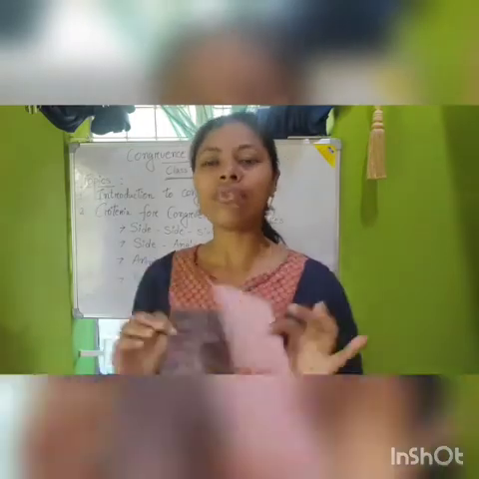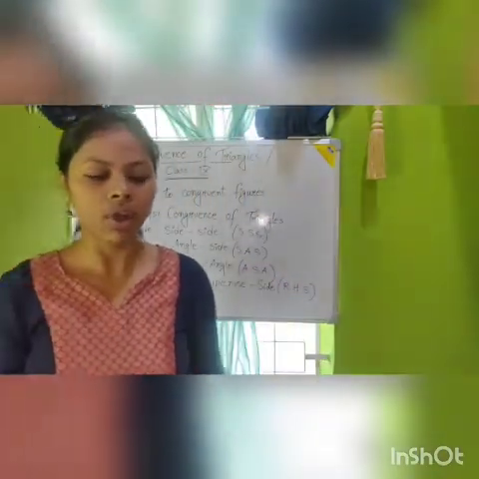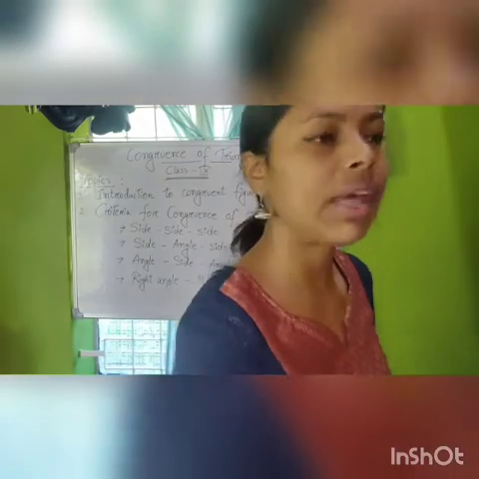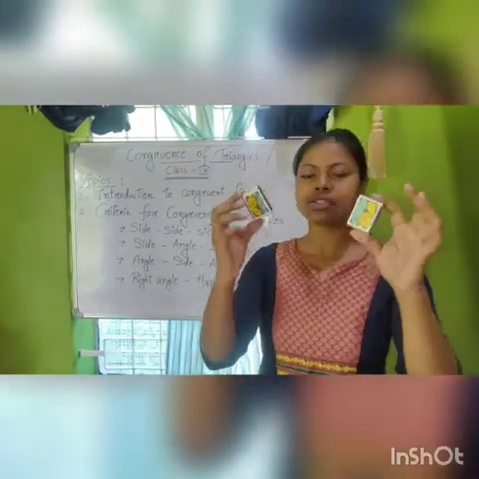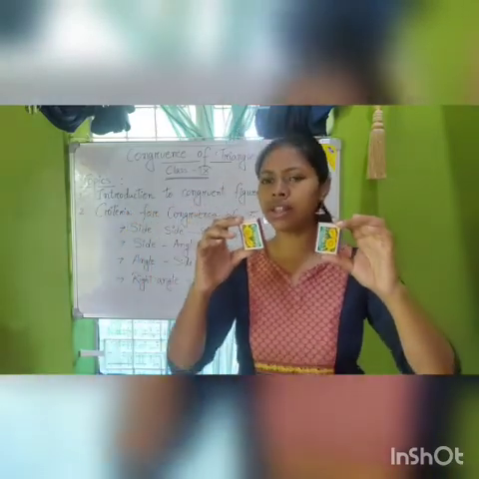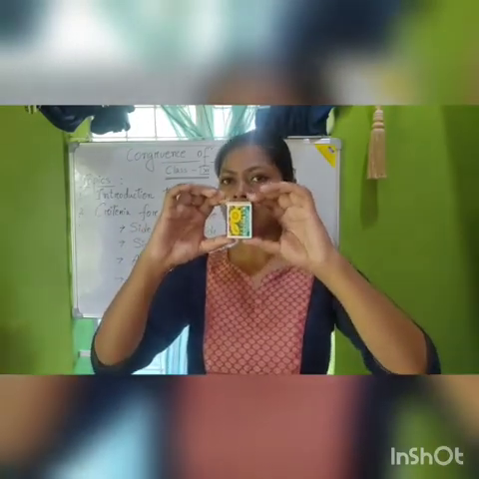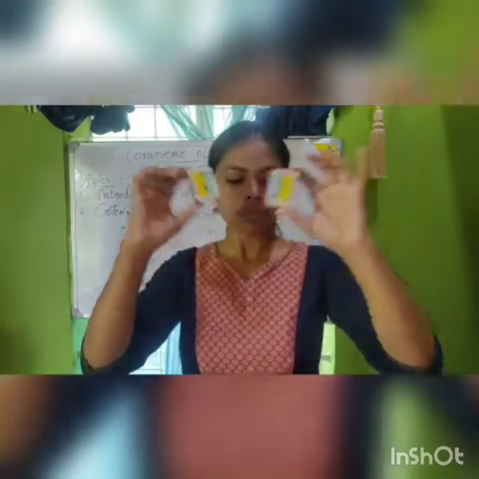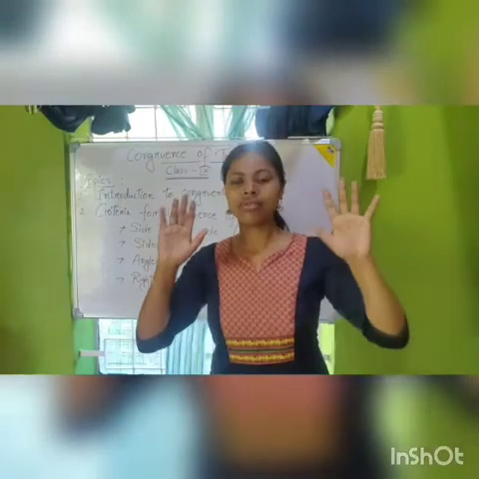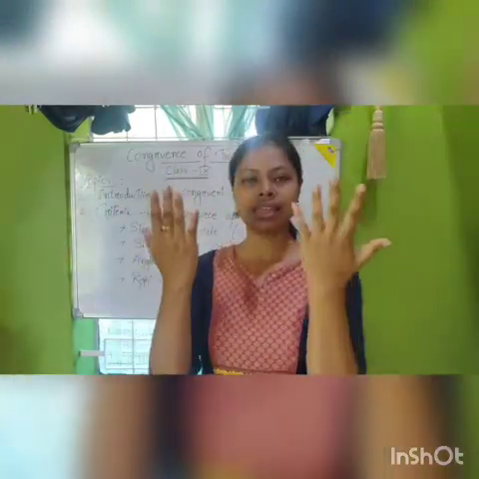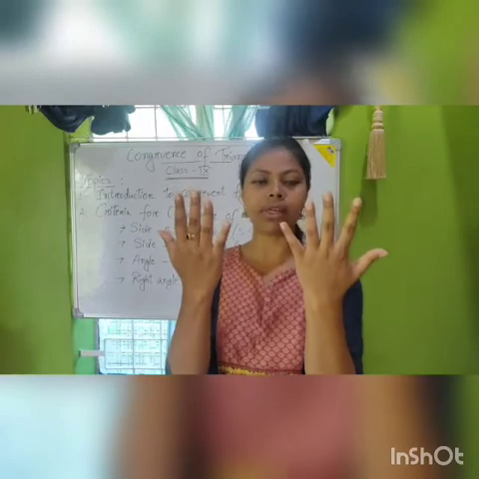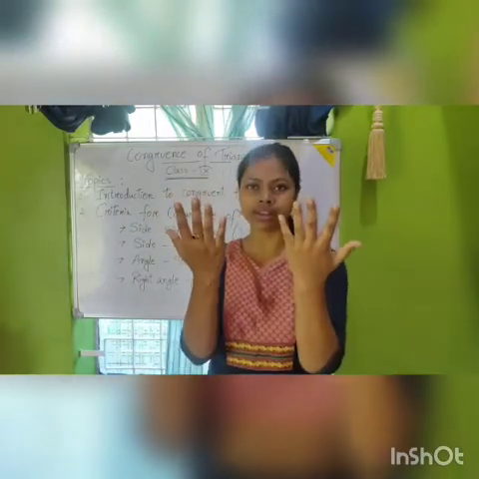Now in day-to-day life, we have so many different types of congruent objects around us. As an example, I will give you a simple thing. These are two maths boxes, whose shape, in two-dimensional form, is a square or rectangle. If I superimpose one over the other, it looks like one. So these two are also congruent figures. Similarly, I have two hands. To some people it might look different.